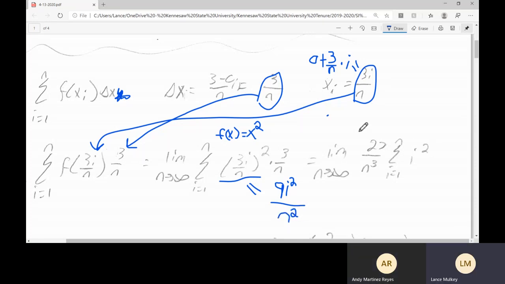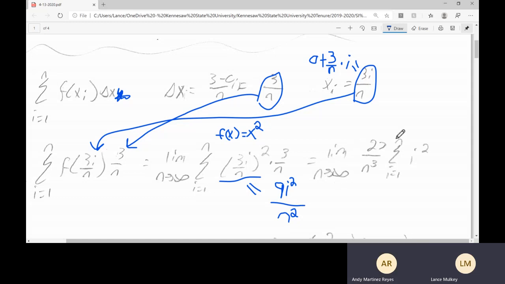Why did I skip through that? I need to get better at that. Okay. So what you can do with this, you multiply these together, the 3 over n and the 9i squared over n squared, and you get 27i squared over n cubed, because n squared times n equals n cubed. You following?